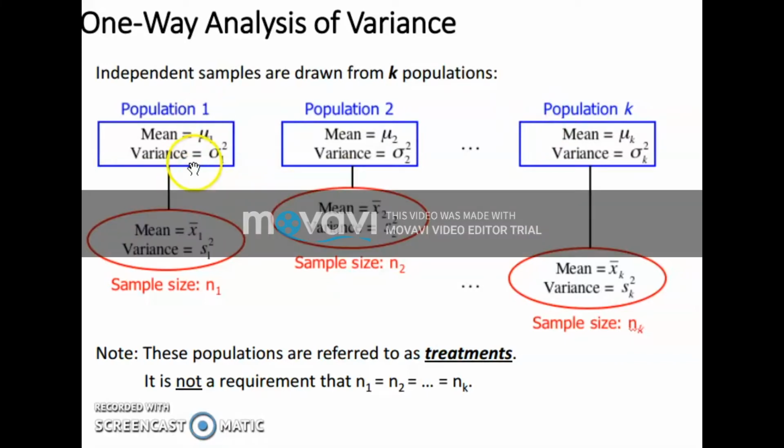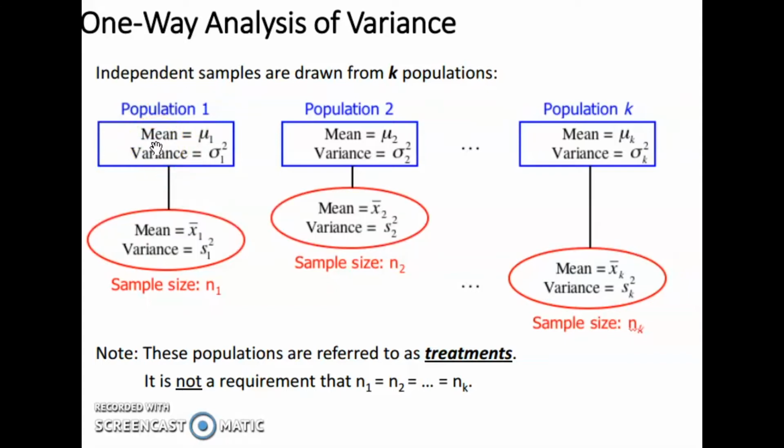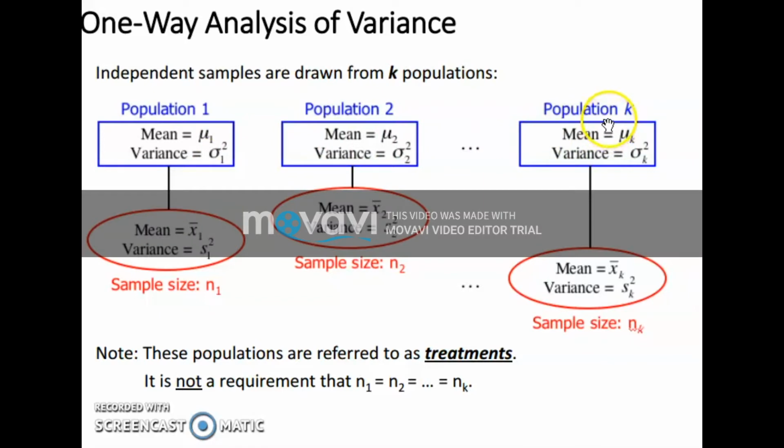We have all the data on starting salaries, and from the population, if we calculate the population parameters, the mean will be mu1 and the variance will be sigma squared 1, and so on. For the third population, the mean will be mu3 and the variance sigma squared 3.